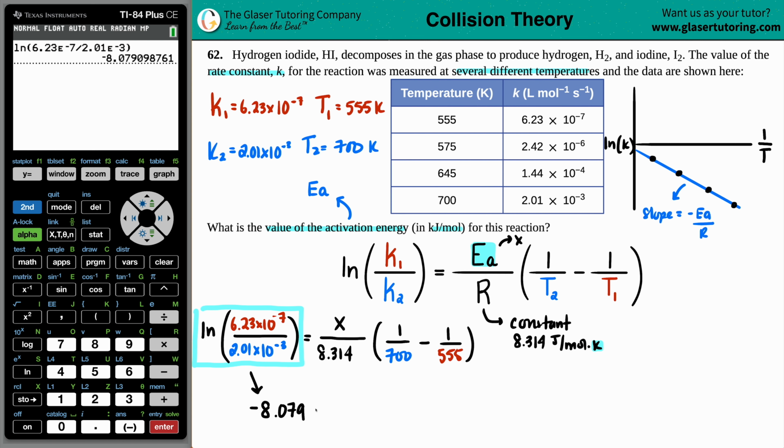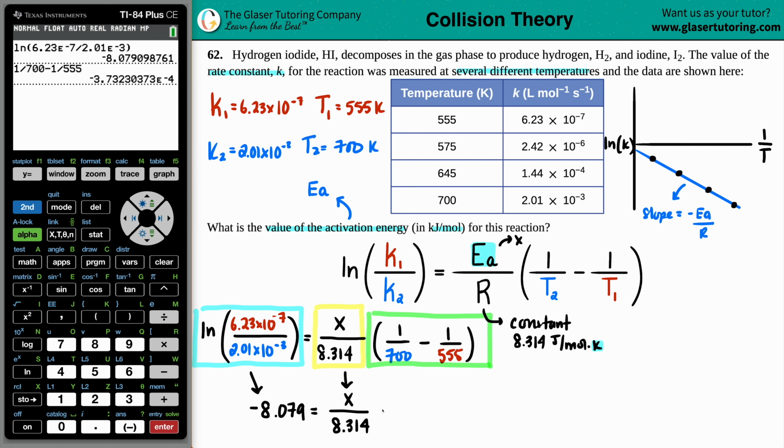Equals, this I'm just going to keep as it is. Maybe we'll just box this off. I'm not really going to do anything with that right now. And then the next thing, you can do all in one shot: 1 divided by 700 minus 1 divided by 555.